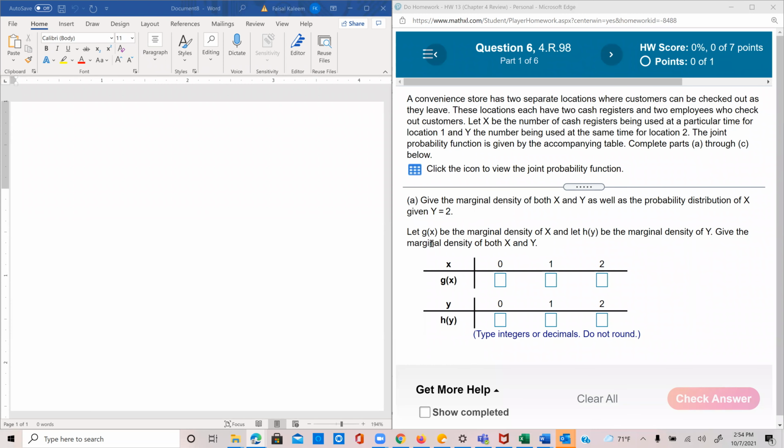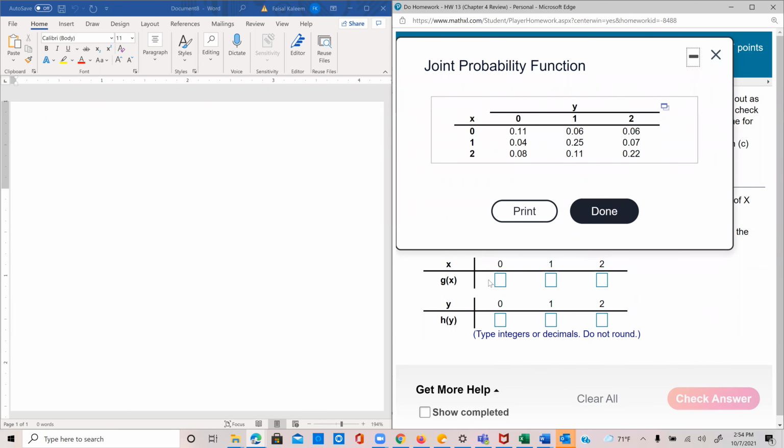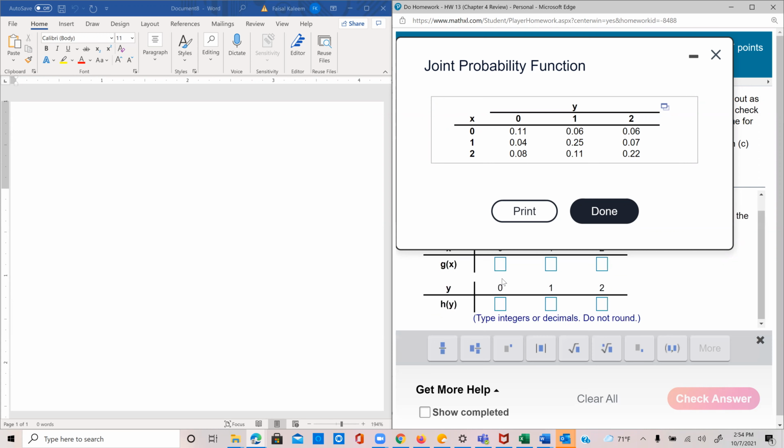Okay, so first we have to get marginal densities here. Let's do those. So we know that x is equal to 0 is this first row. So we add up that first row: 0.11 plus 0.06 plus 0.06. So that's 0.23.